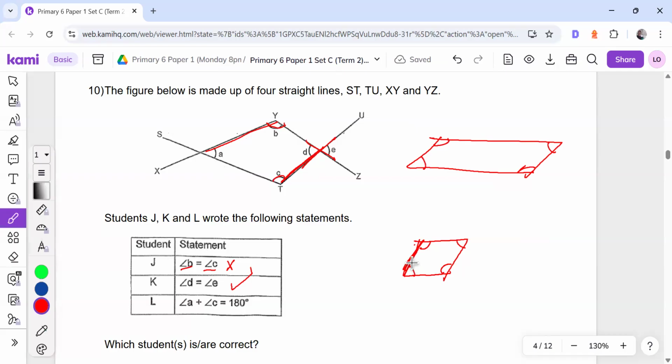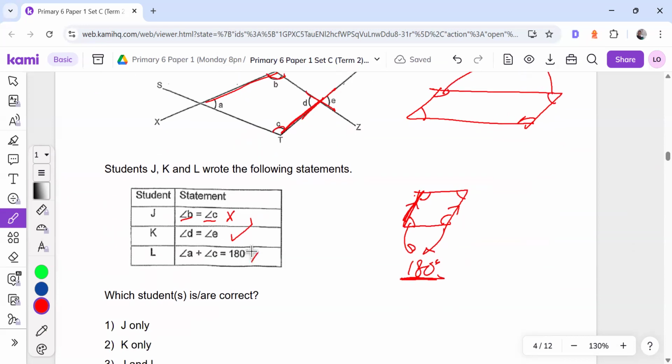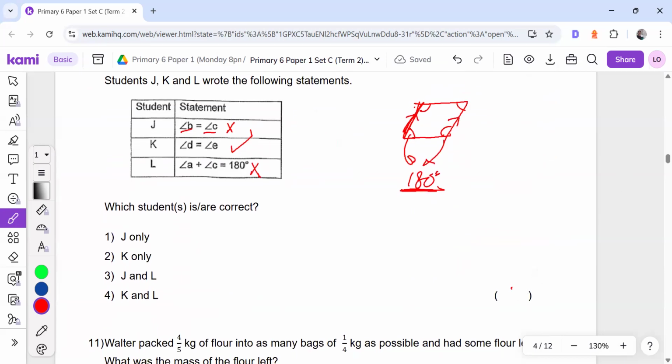Only when the two lines are parallel will the angles add together to 180 degrees. Same for any two lines that are parallel, you will have angles that add together to 180. So your answer will be number two only. Okay? All right, let's go to the next one.